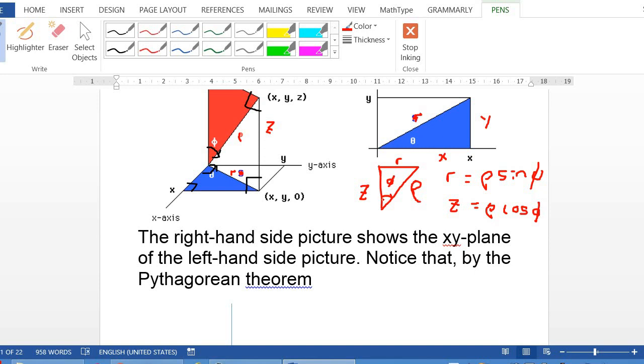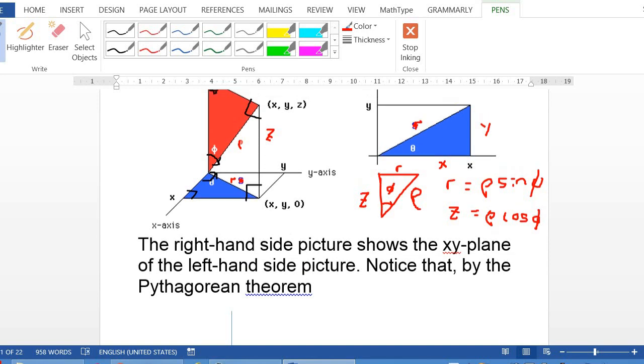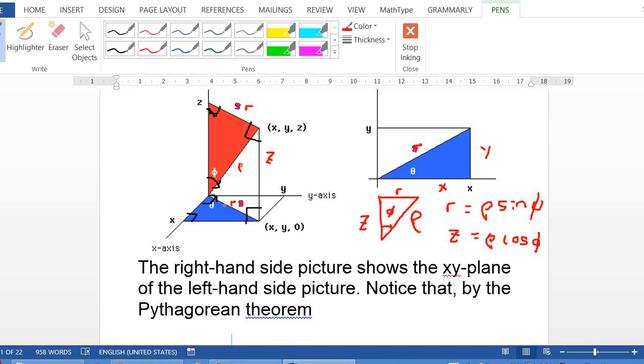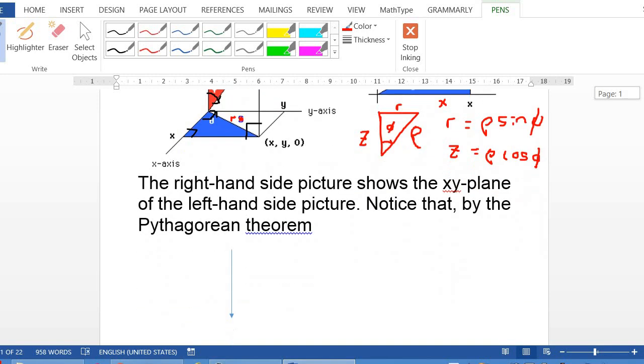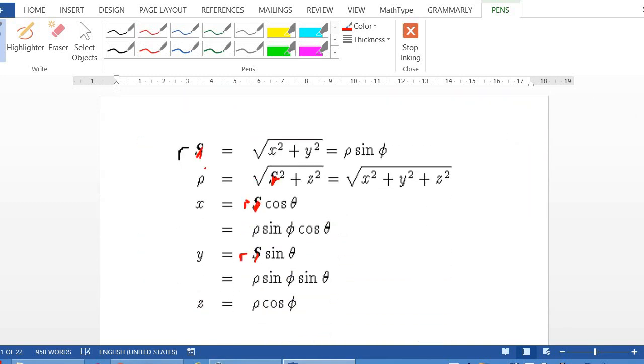Rho makes an angle phi with z, and r is the r on the xy plane. When you raise up to a height z, this is r, and this is a 90 degree angle here. So r squared plus z squared equals rho squared.